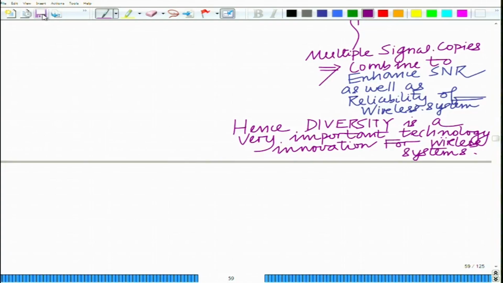Diversity is a very important technology innovation for wireless communication systems, and at the root of all this is the fading nature of the wireless channel and the poor performance of the wireless communication system, the very high bit error rate, which can in fact be demonstrated using Jensen's inequality, and therefore Jensen's inequality has a lot of applications, especially to prove fundamental results like this.